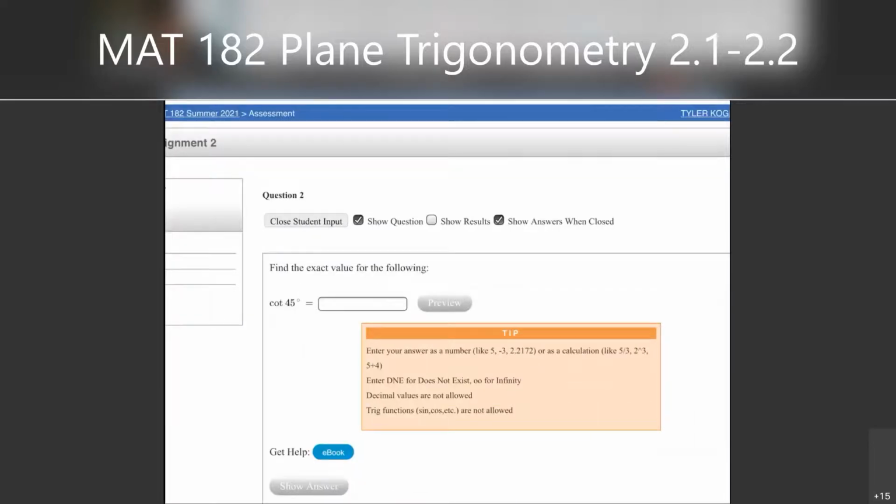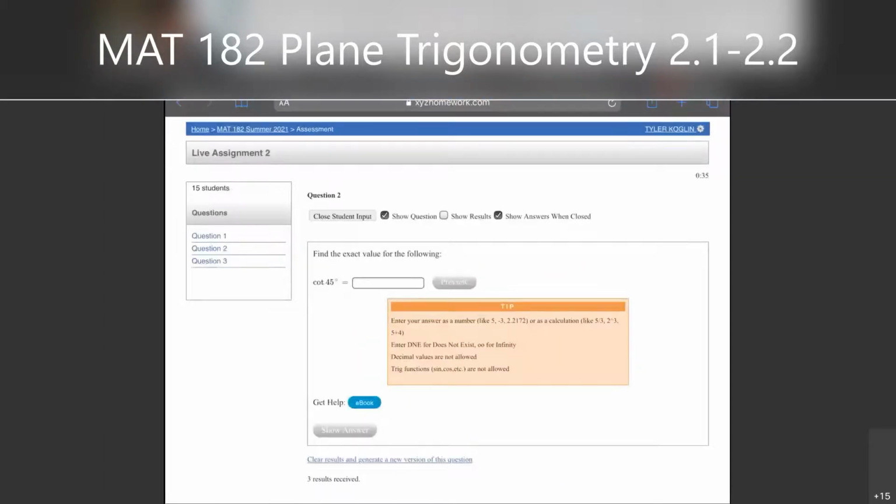We'll find the exact value for the following: cotangent of 45 degrees. Is this the live assignment? Yep, this is in the live assignment number 2, if you want to jump into that.